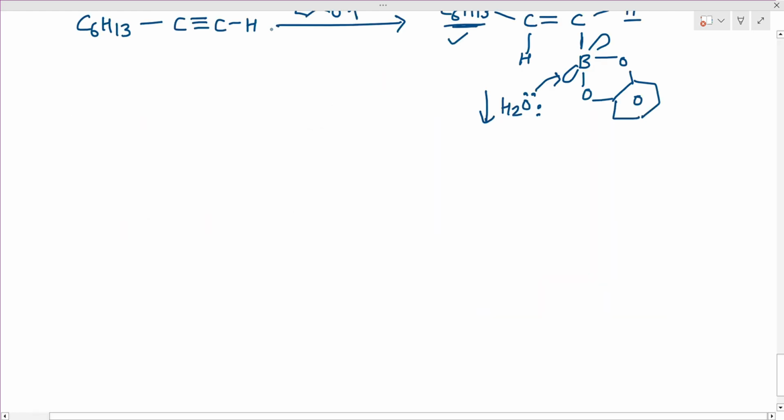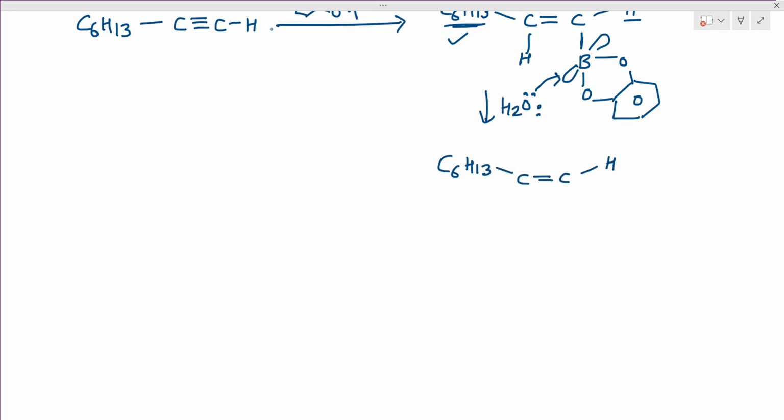So you are getting C6H13, C double bond C, H, H. This is boron. And here this water molecule is being added. This will remain as it is. All other things will remain as it is.